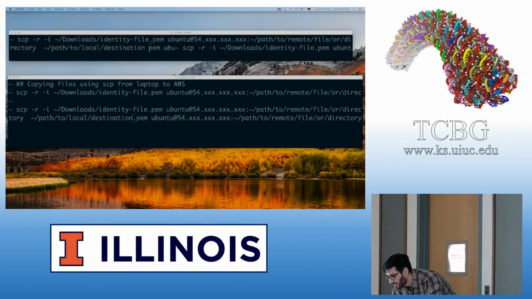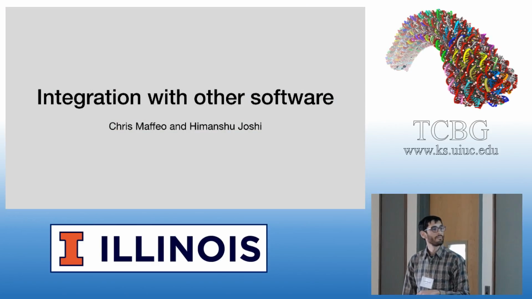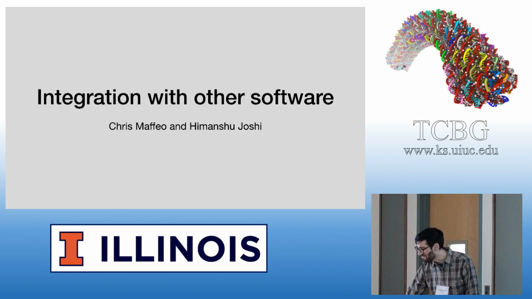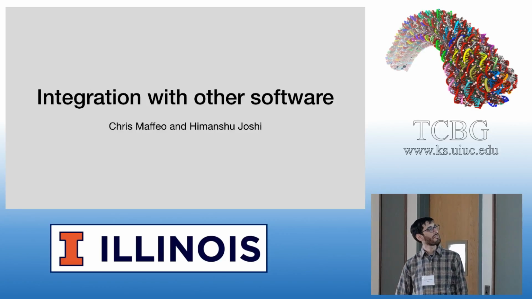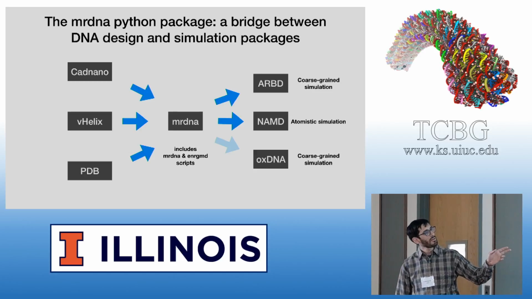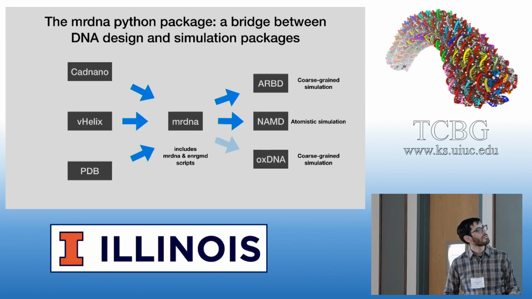All right, so for the last talk of the session, I'll tell you a little bit about how we can use our software tools to integrate with other software. The first thing that we've already gone over a little bit, you have on your Amazon image, and you can also download this freely.